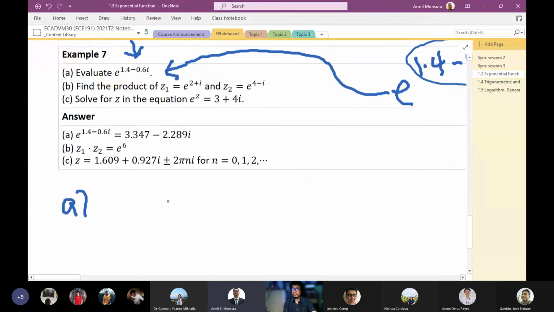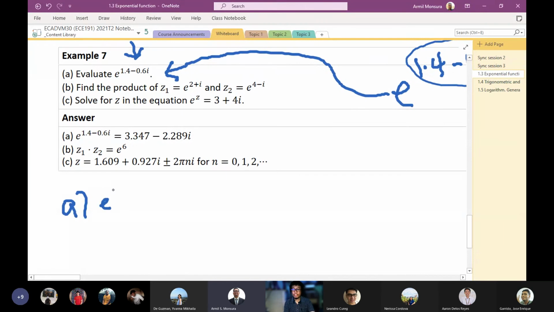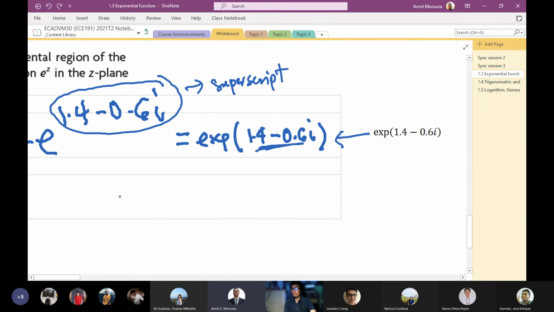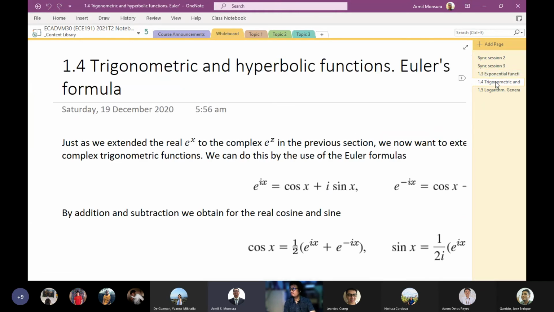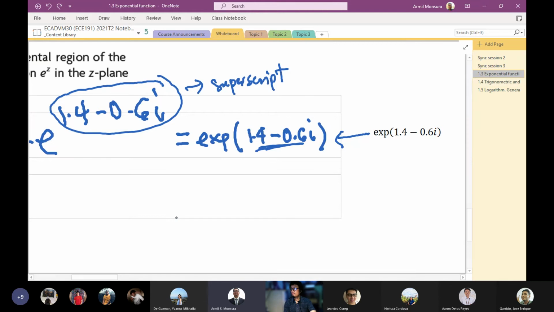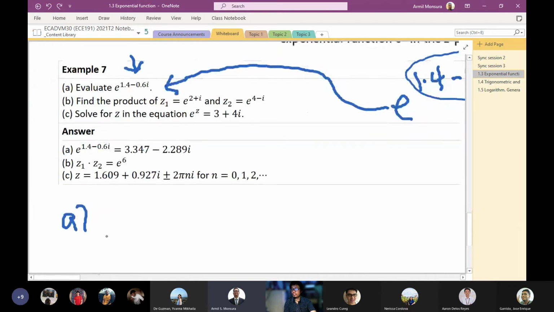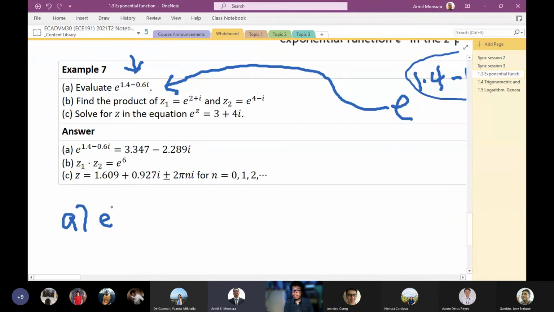Okay, so again, I'm going back to solving this one. So we have e raised to 1.4 minus 0.6i, equals e raised to 1.4 times e raised to negative 0.6i.